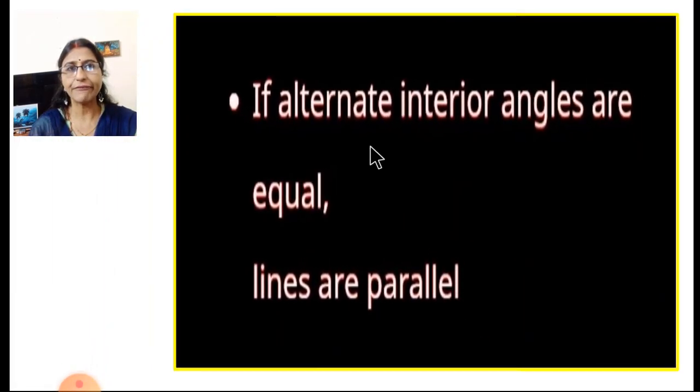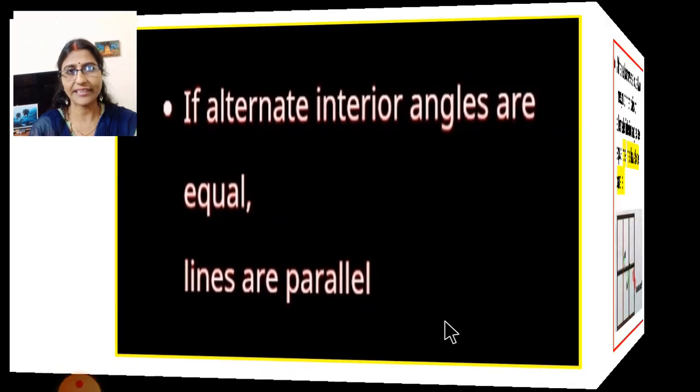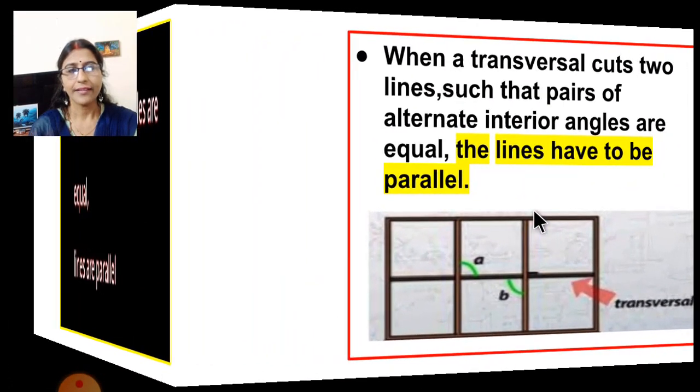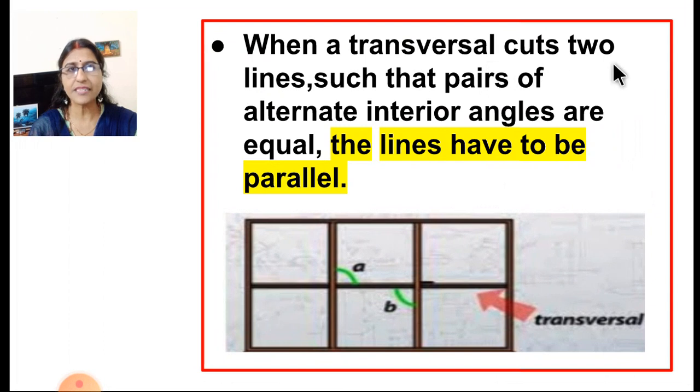Now next is, if alternate interior angles are equal, lines are parallel. Let us understand this. When a transversal cuts two lines such that pairs of alternate interior angles are equal, the lines have to be parallel. Now let us see this one. This line is the transversal, and these two are the lines.